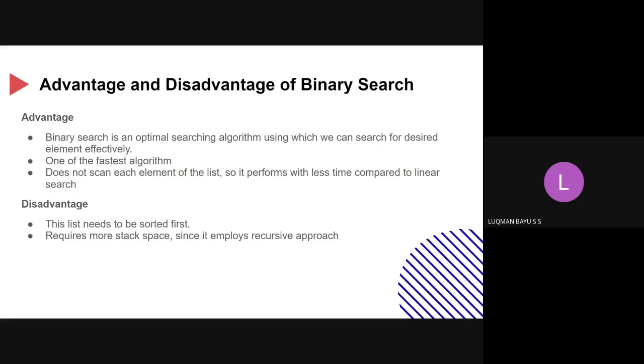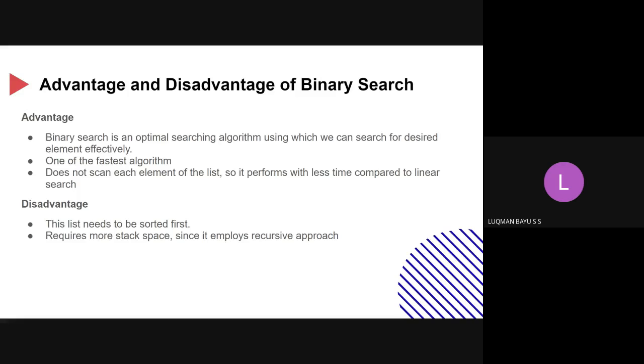So over here we have the advantages and disadvantages of binary search. The advantages are that binary search is an optimal searching algorithm, and it's best for finding a certain element on a sorted list, and it's one of the fastest algorithms.